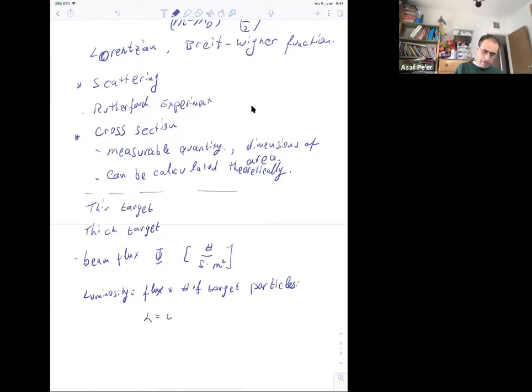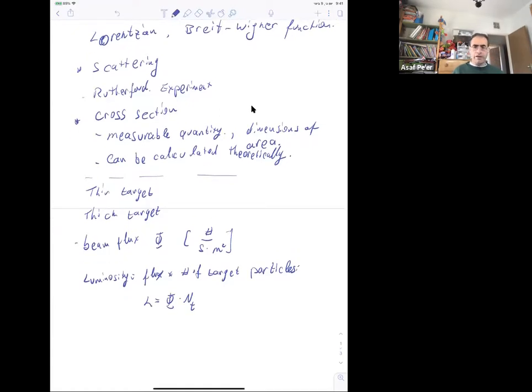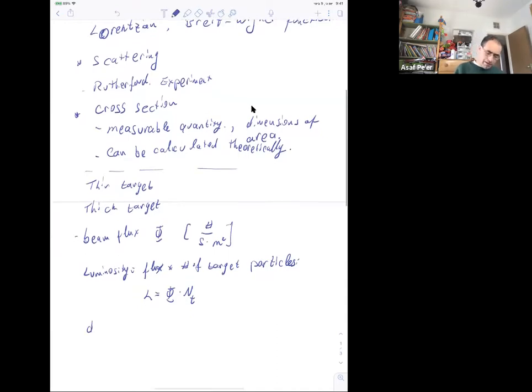L is phi times n target. And then the rate of scattering events, dN scattering over dt, is just the cross section times L.